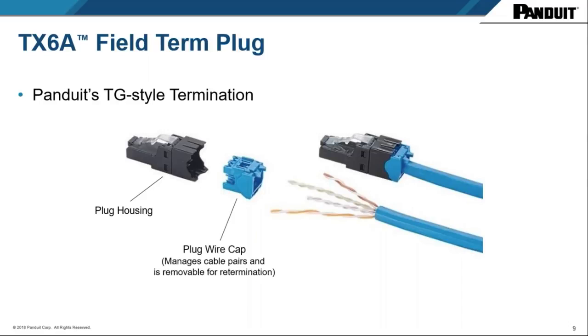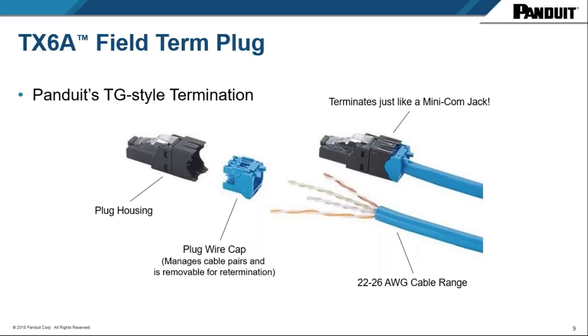As we build out this slide, you can see with the plug itself, we've got the front plug housing, which is the black portion in this view, and then the blue wire cap, which is the wire manager, holds the wires, and the stripped cable here would be dressed into the wire cap and then simply inserted together to terminate like a Mini-Com jack, for those of you who are familiar with Panduit's Mini-Com TG style jacks.